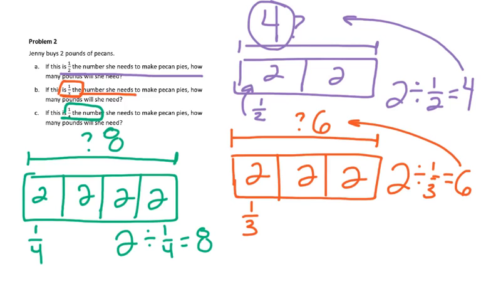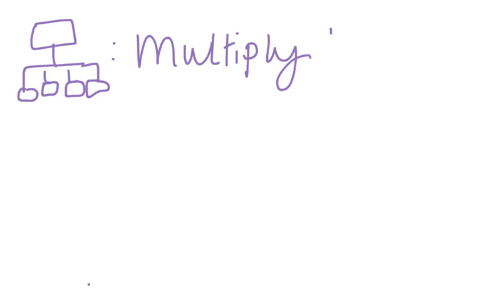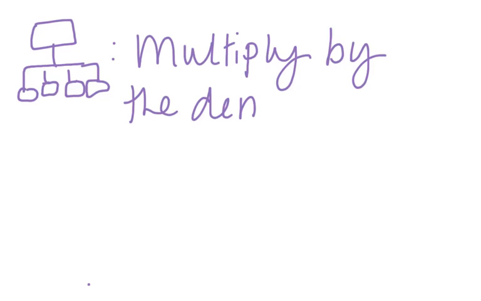So, no matter which way you look at it, when you divide a whole number by a unit fraction, the secret is, here's the rule. You multiply by the denominator.